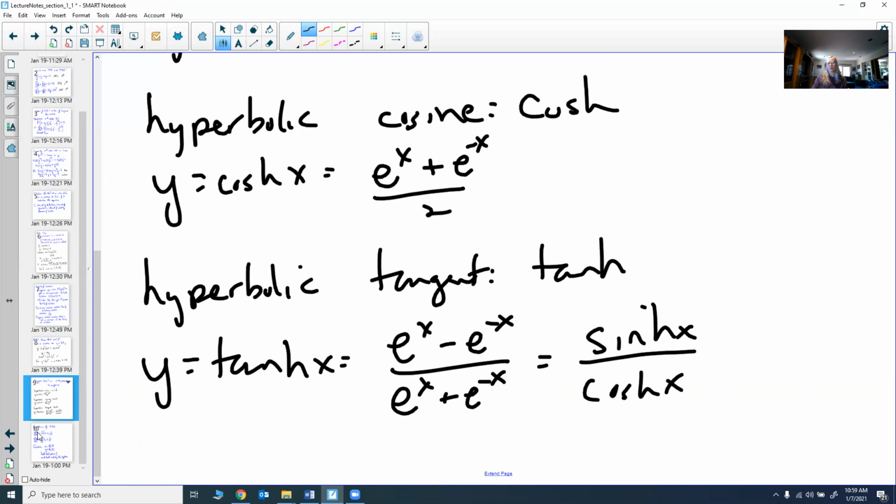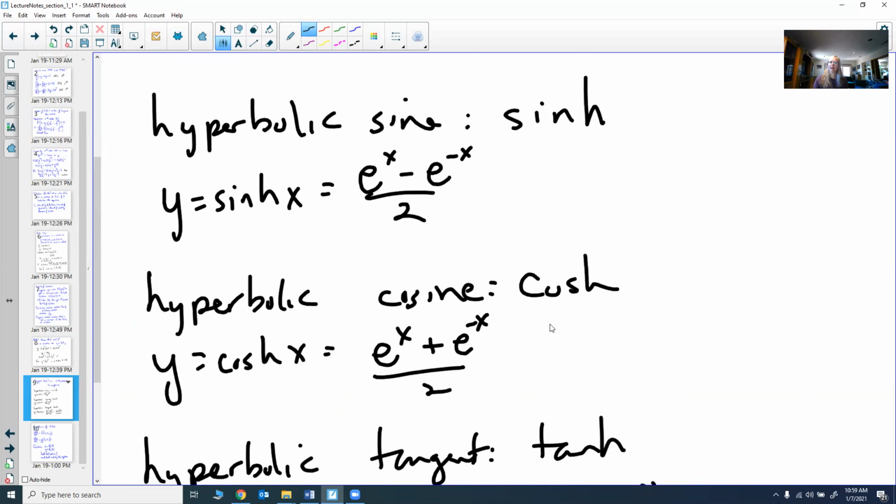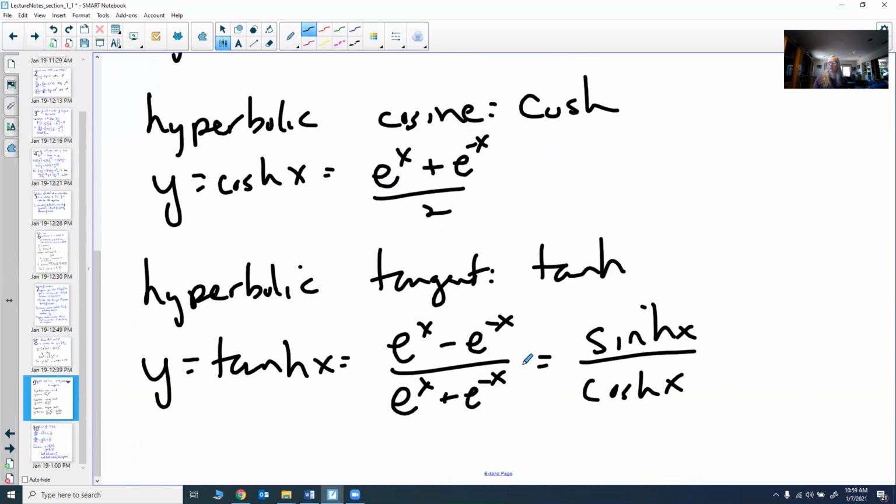Sometimes they become useful just to make things easier, because we will probably see e to the x plus e to the negative x over 2 as a solution, and it's easier to write that as a hyperbolic cosine. The derivative of hyperbolic cosine is hyperbolic sine. The derivative of hyperbolic sine is hyperbolic cosine. So they're not exactly the same as sine and cosine, because the derivative of cosine, of course, is negative sine, but they're very, very close.